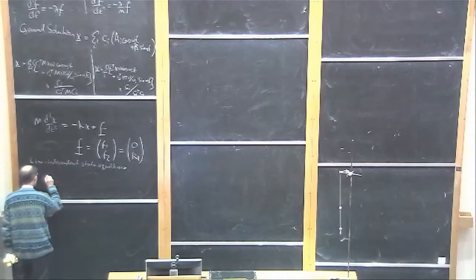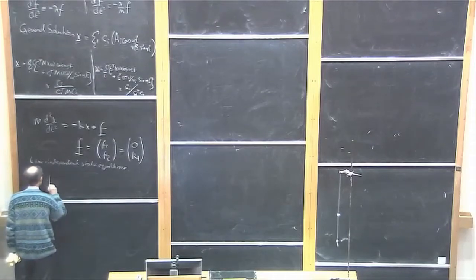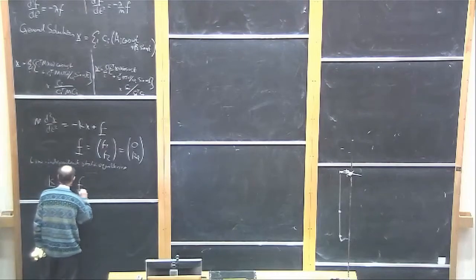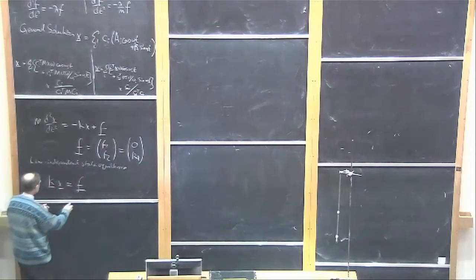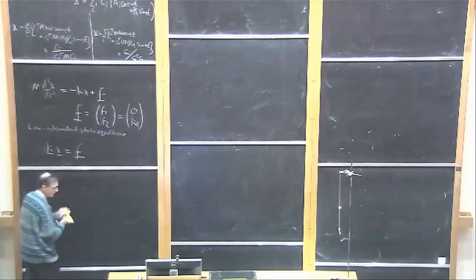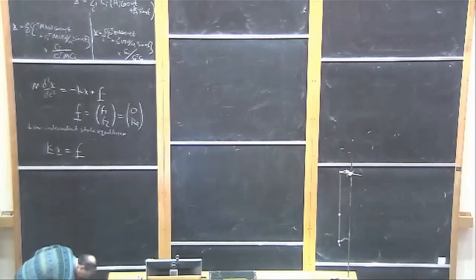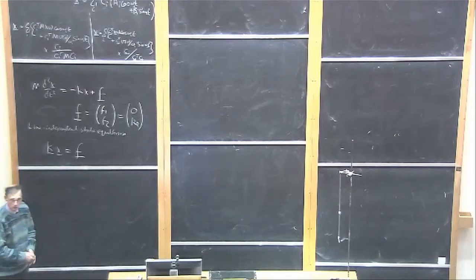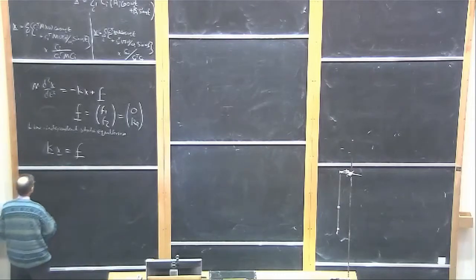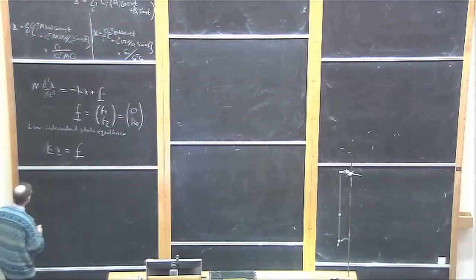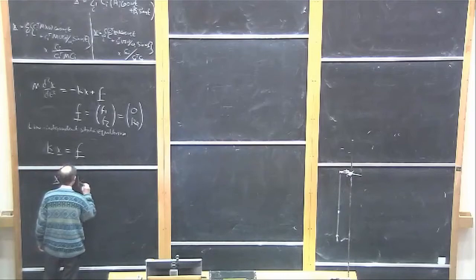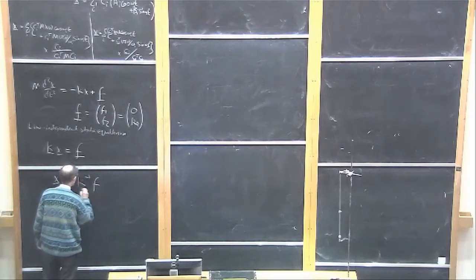And so we have Kx equals F. Now, all the matrices we've encountered so far, when we've wanted to solve equations of that sort, have been singular because we've been looking at eigenvalue problems. This matrix, however, is not singular, and we can simply invert that as x equals K inverse F.